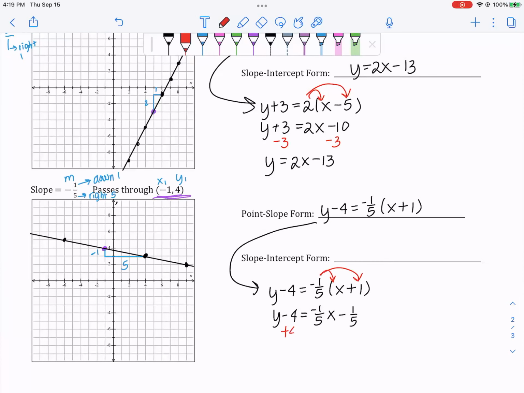Adding the 4 to both sides, we get y equals negative 1/5 x, mental math time, plus 19/5. 19/5 is a little bit less than 4. So, yep, that looks about right for that y-intercept.